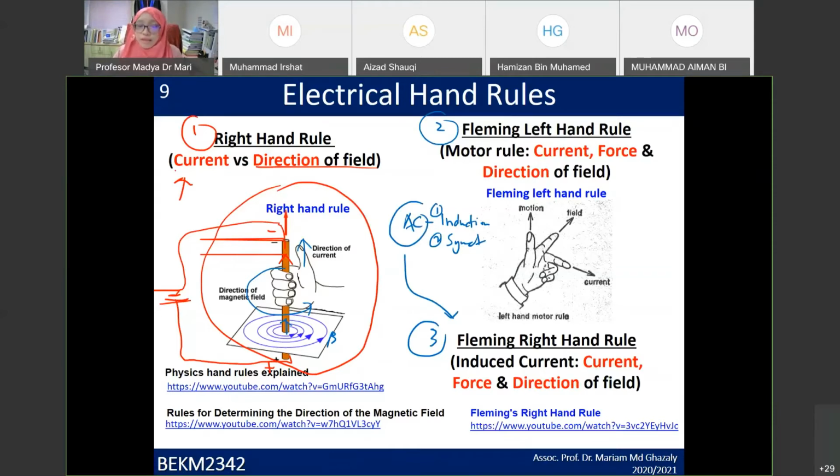The reason why is that you are going to use it to actually determine the direction of the field. So I have actually shared some links related to the explanation.